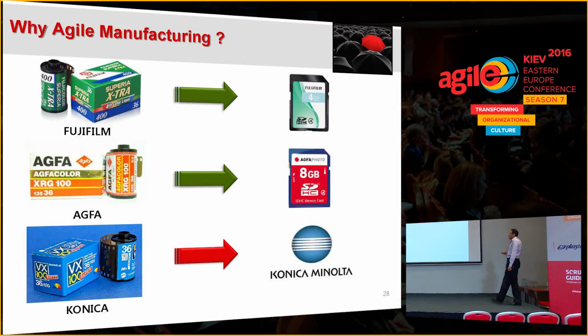When the digital camera appeared in the market, the first thing this company did was change one of its manufacturing lines. They started to manufacture SDs for the digital camera because film didn't work anymore. And AGFA did the same thing. They started entering the market very early and started manufacturing SDs as well. But what happened to this one?